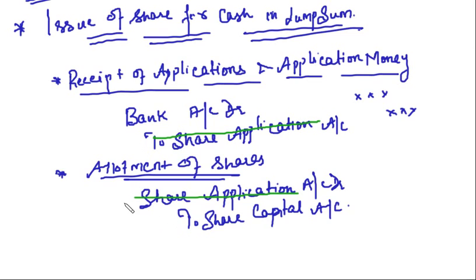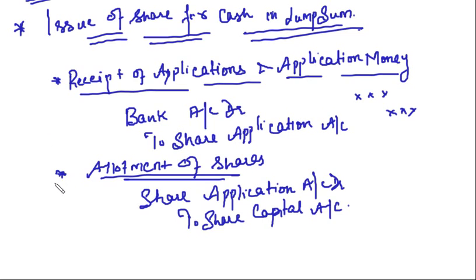I am transferring this application money to share capital account and my share capital will increase. Right? If you can see these two things, share application gets cancelled. What is the final entry? Bank to share capital. Clear? Clear? So this is on the allotment of shares.